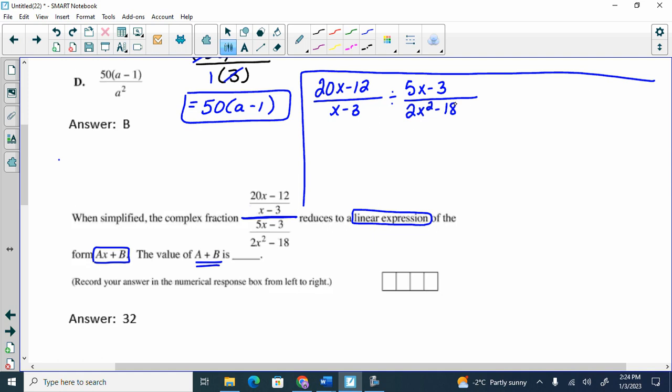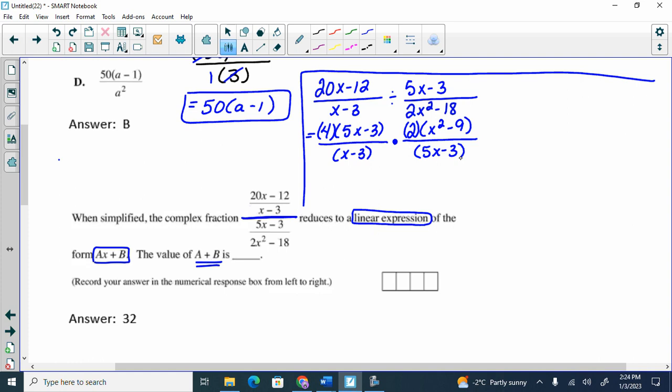Left-hand numerator, I can take out a 4, and I'm left with 5x minus 3. Left-hand denominator, x minus 3, there's nothing I can do, so I'll put it in brackets. Times, these are going to swap, so the 2, I can take out and I'm left with x squared minus 9. I spot that's the difference of squares, so I'm going to get an extra step here. Over 5x minus 3.